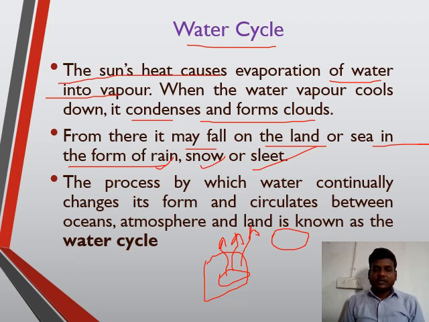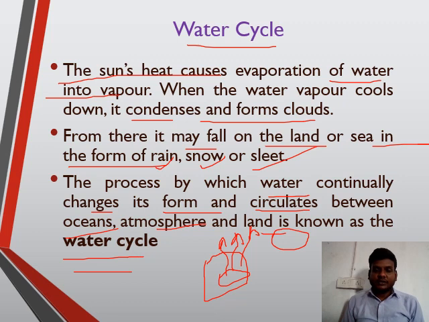This process by which water continually changes and circulates between ocean, atmosphere, and land is known as the water cycle.